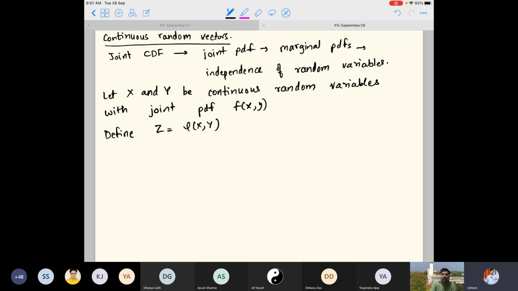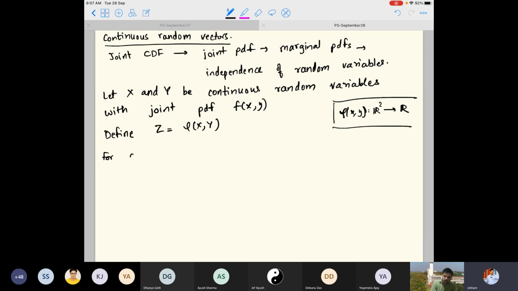This phi of x, y is a function from R squared to R. So that's the transformation.